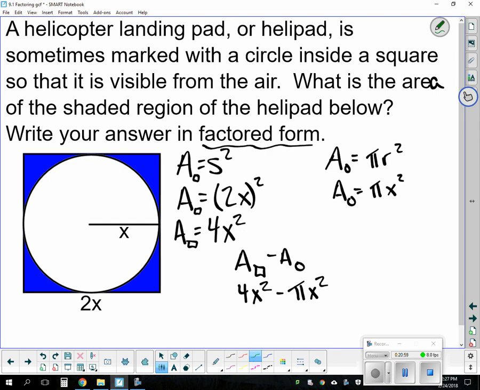What's the greatest common factor these have? Well, this has a 4, this doesn't have any numbers but pi, and this doesn't have a pi. But they both have x squared, so let's factor out x squared. What would be left is 4 minus pi. And this is area, so we're going to write units squared. And there you go. There is your answer. All right, good luck on your packet.